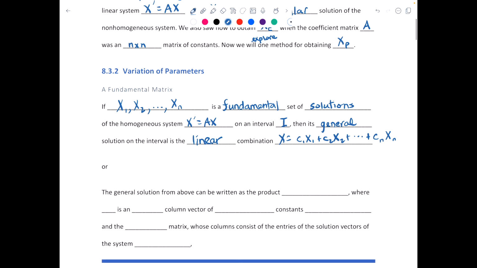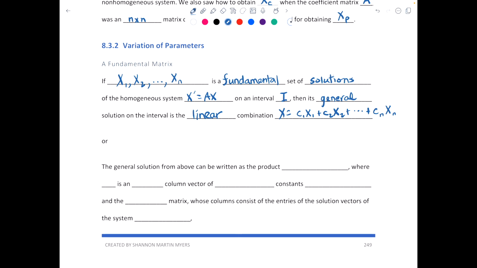Or if you want to get a visual of this in terms of matrices, x would equal c1 times the matrix x11, x21, all the way down to xn1. So these are all column matrices, plus c2 times x12, x22, all the way down to xn2.